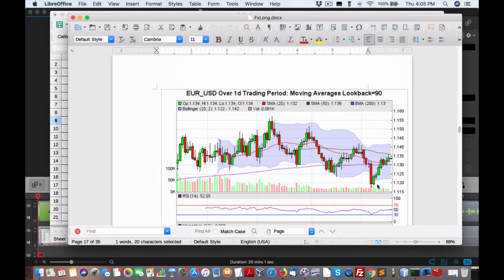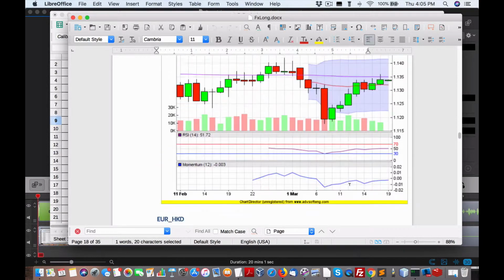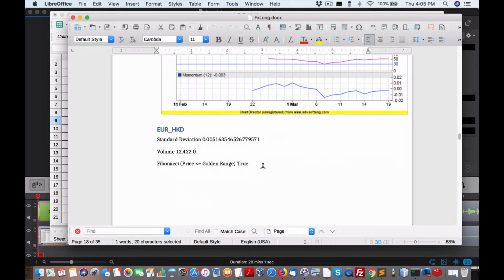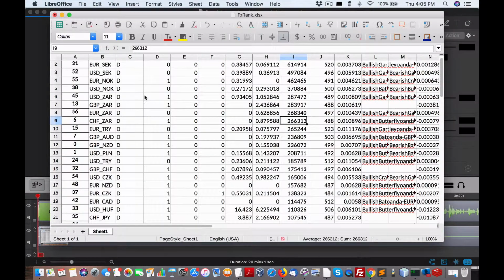Last 4, 5, 8, 9 days. So there you go. Will it be sustainable? I don't know. So again, this is based just on the raw long. So I'm going to stop it there and look at the other 2 reports.